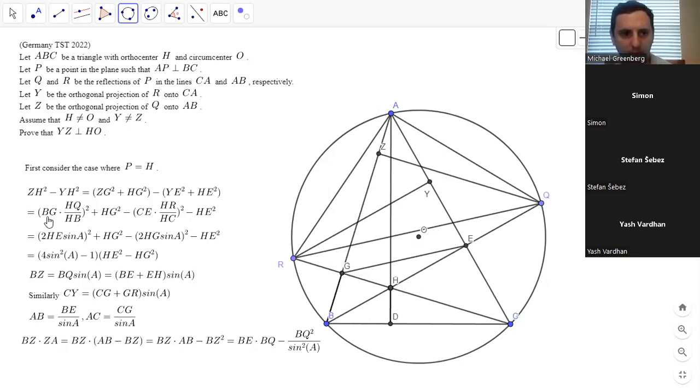The second line, I'm using that triangle BGH is similar to triangle BZQ, because QZ and HG are parallel, since they're both perpendicular to AB. So basically by similar triangles. Oh, I see now. Thanks. You're welcome.